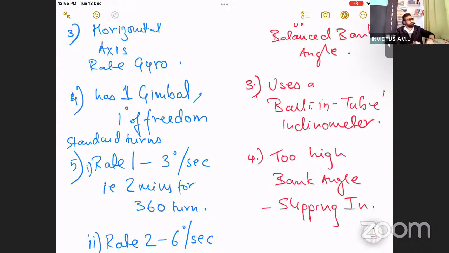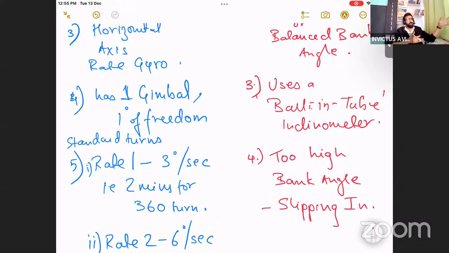If I'm banking to the right or rolling to the right, roll and bank is the same, okay? And if I'm slipping in, either I play with my rudder, but that was taught to me when I was following the turn coordinator. When I'm looking at the turn and slip indicator, then slipping in, reduce the bank angle. Remember the key points with respect to the exams.